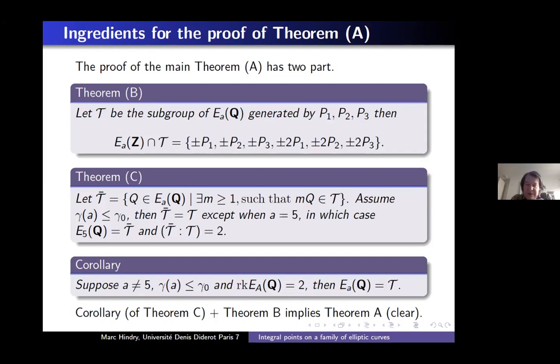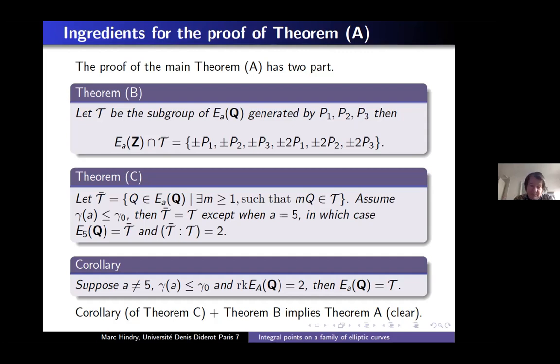So theorem B, what it says is that, well, if we look at integral points that are only in the subgroup generated by the trivial points, then we find only the points that we already know. That is the standard points. So this holds for all A. It holds also for A equals 1, for A equals 5, that are a bit exceptional.